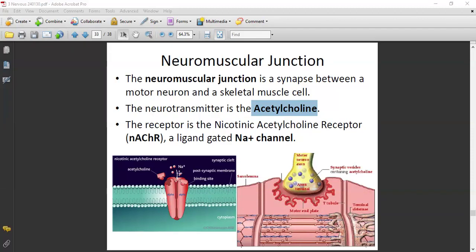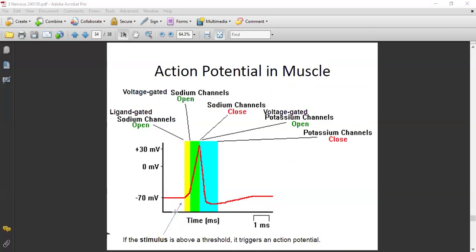Sodium brings positive charge. It will cause depolarization, make the membrane potential to be positive. So this is how muscle generates action potential. At rest, if no ligand binds on it, the membrane potential is negative.